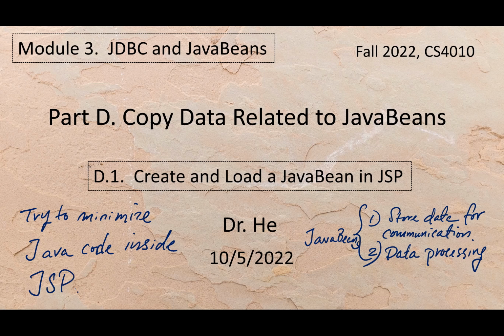Some of you may wonder: the original goal of using JSP is dynamic content, and that means you need to write Java code. But why do we also say we try to minimize Java code inside JSP?